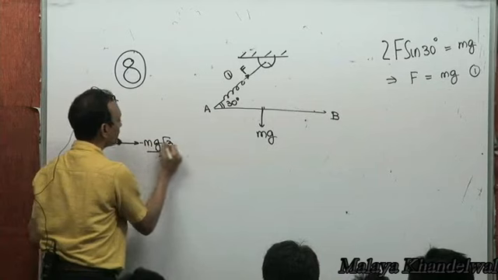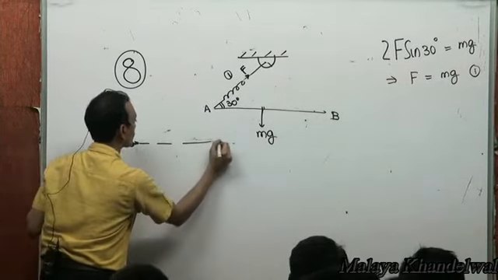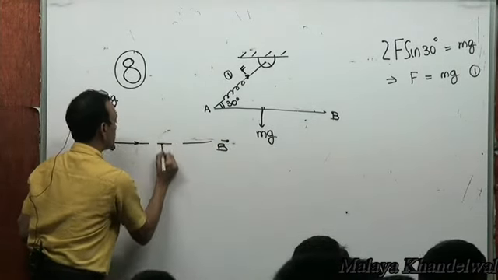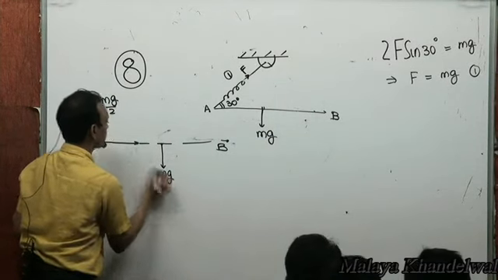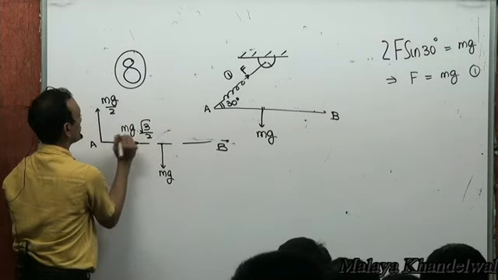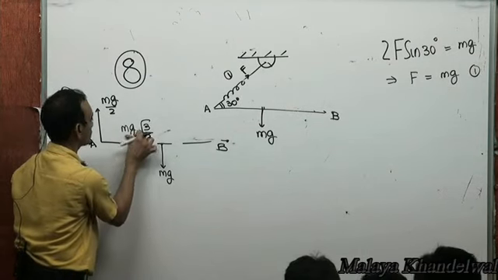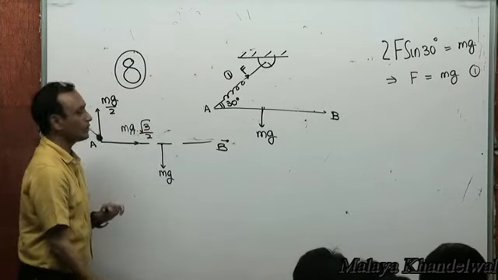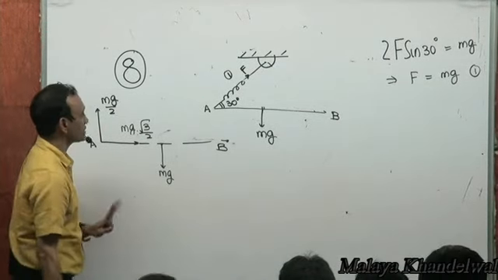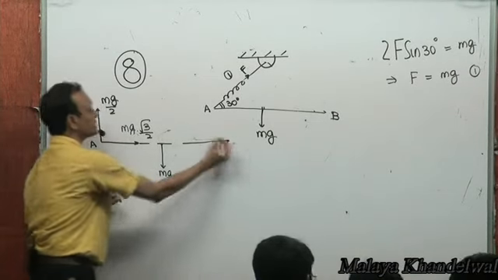And then there is mg acting downward along with mg root 3 by 2, mg cos 30 degrees, and mg sin 30 degrees. This is the summary of all the forces acting on the rod right after 2 is snapped.